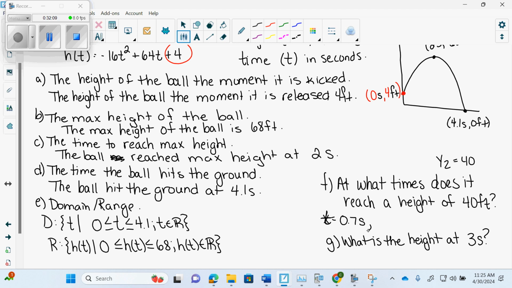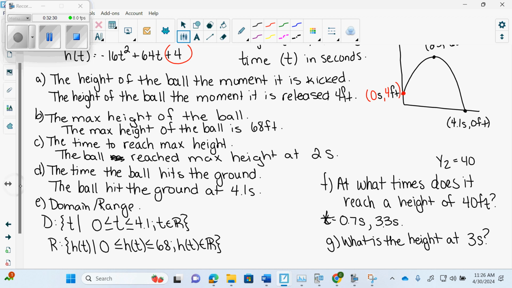And then 3.3. And I expect decimals. And I expect a statement, right? The times at which the ball reaches the height of 40 feet are 0.7 seconds and 3.3 seconds, okay?